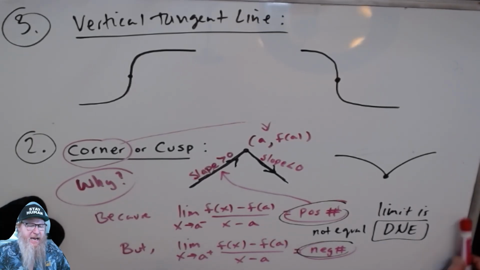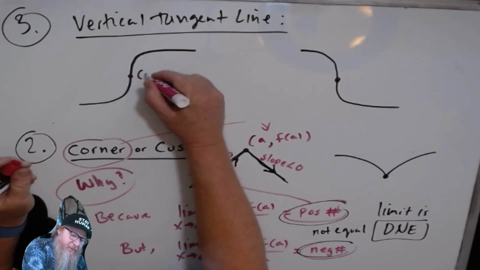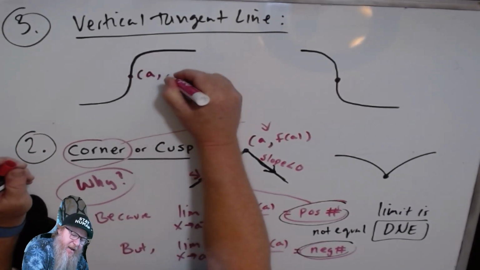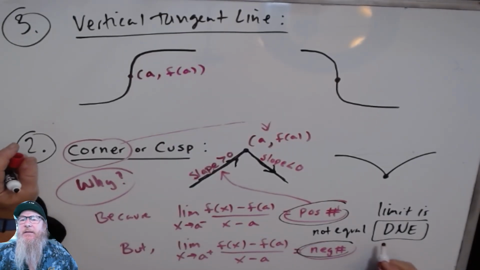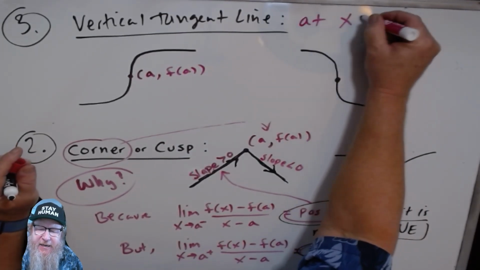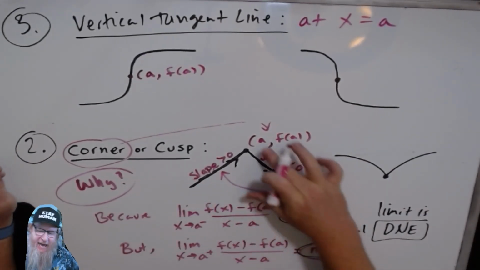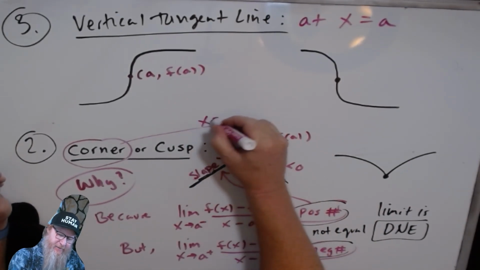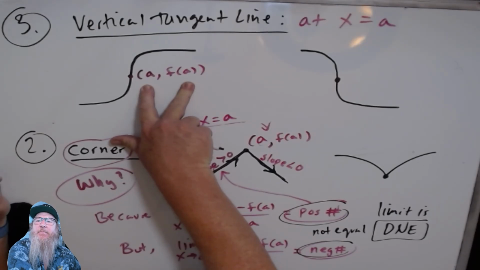So a vertical tangent line is if you took this point here, A, f of A. So again, it's at x equals A, right? All of these are at x equals A. Right? So the point is A, f of A.